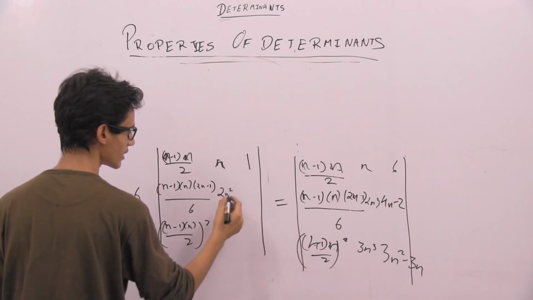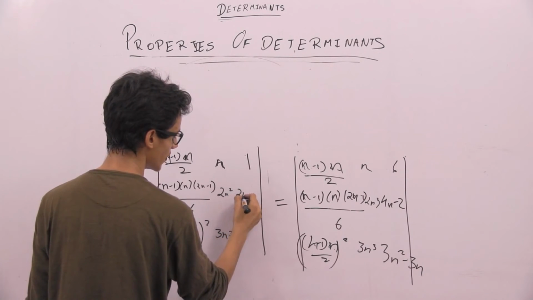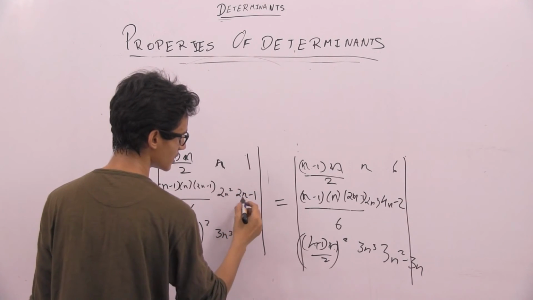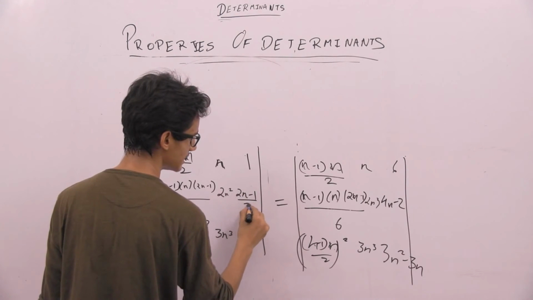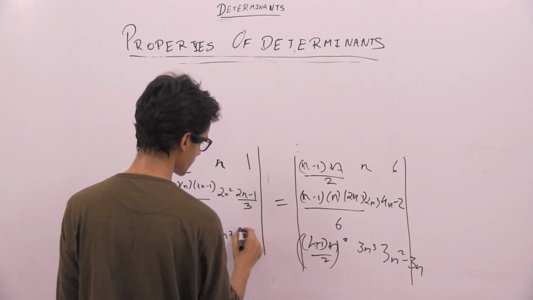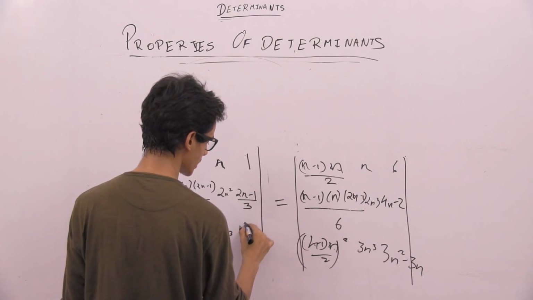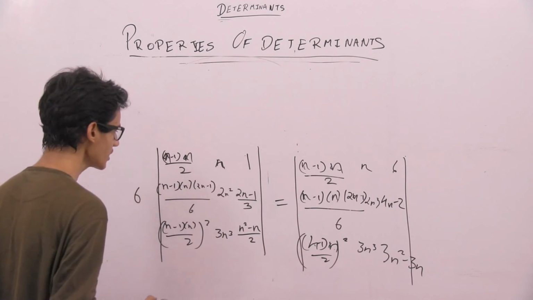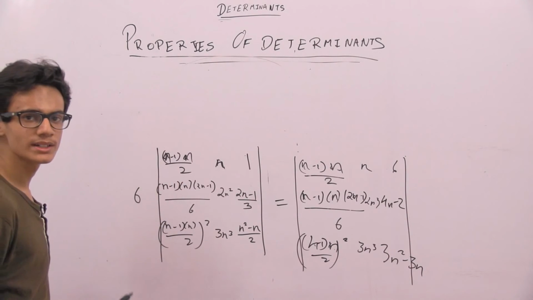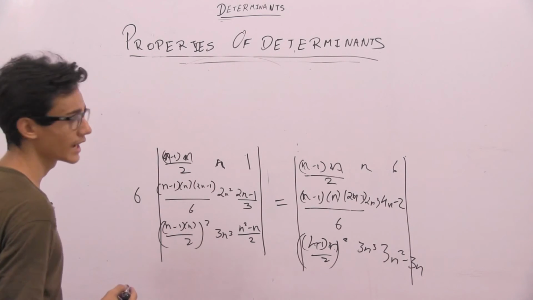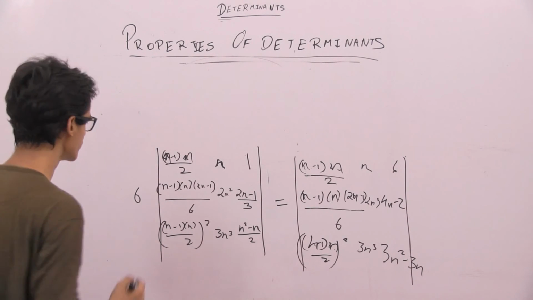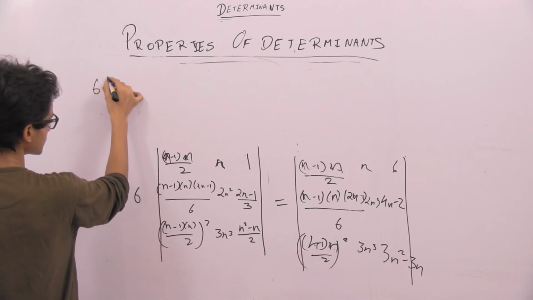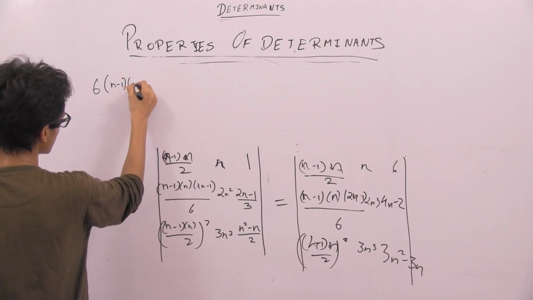Here we get 2n minus 1 by 3 and here we get n square minus n by 2. Now dividing the column 1 by n minus 1 n into n by 2, we get 6 n minus 1 n by 2.